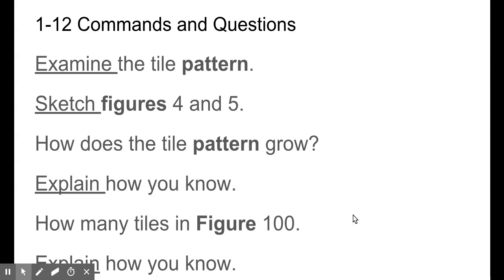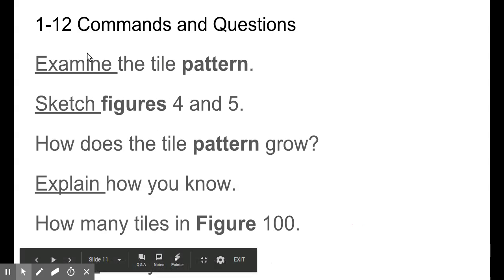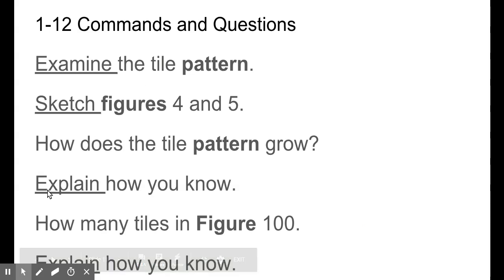So with commands and questions, I would recommend underlining the verbs, such as examine, sketch, and explain. And these verbs actually show up in other subjects, such as science, hint, hint, or social studies. And these are what we call high level vocabulary.